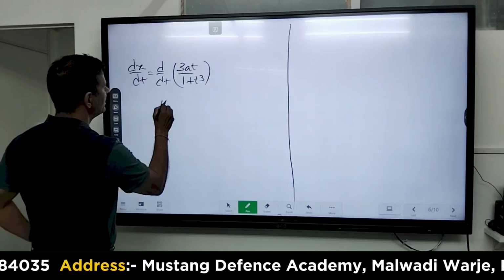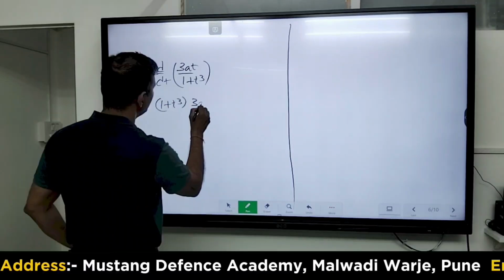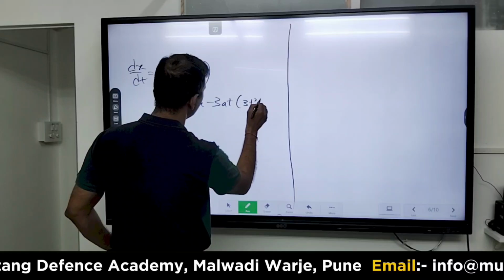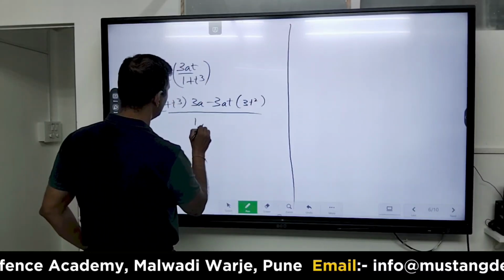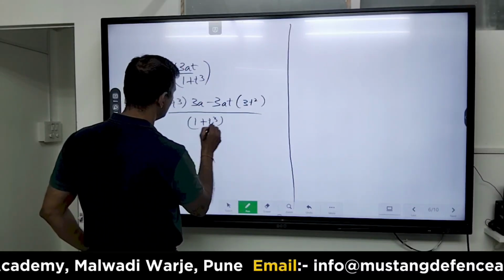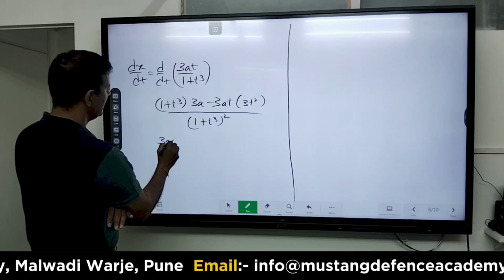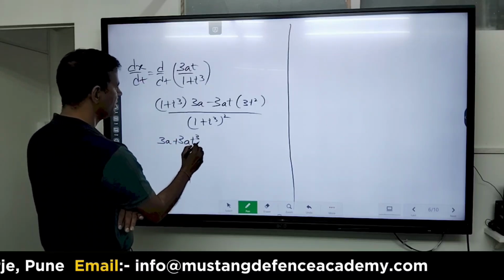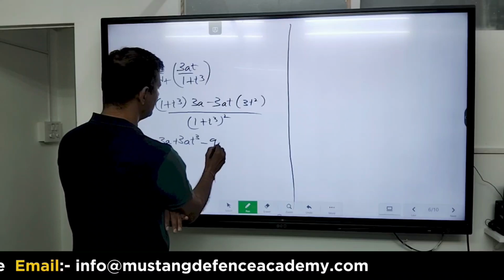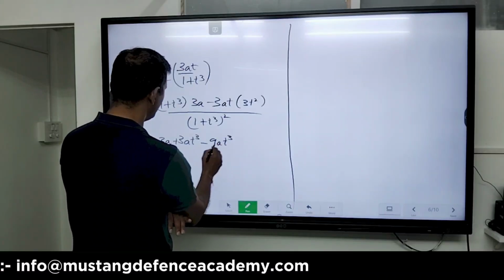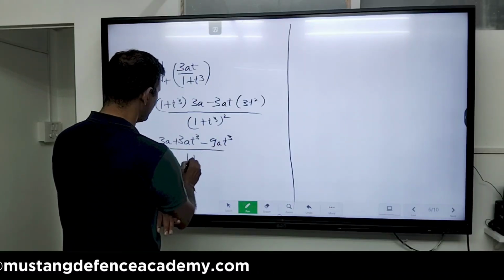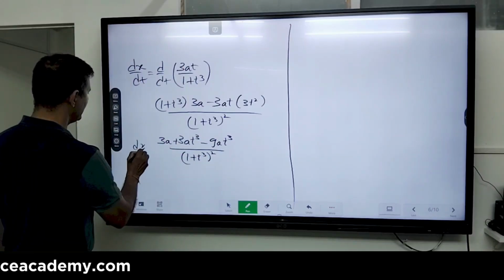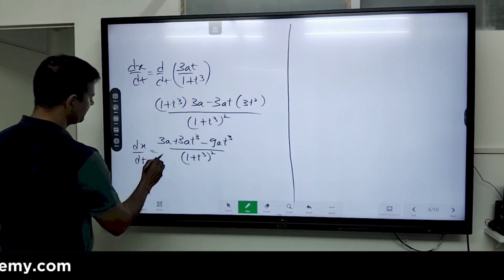So this would be 1 plus t cube into 3a minus 3at into 3t squared, the whole upon 1 plus t cube the whole square. So this would be 3a plus 3at cube minus 9at cube, the whole upon 1 plus t cube the whole square, dx by dt.